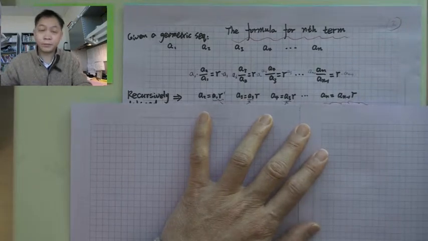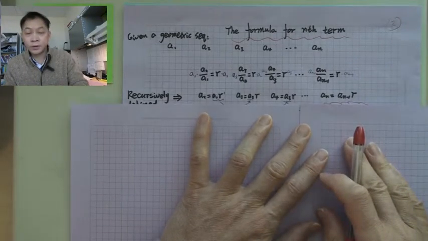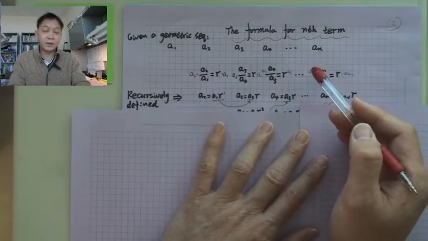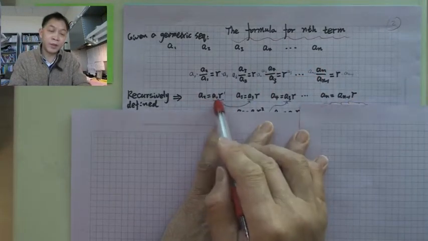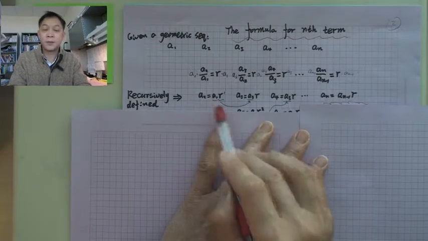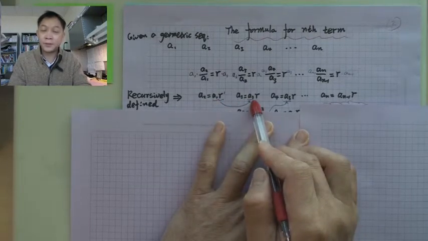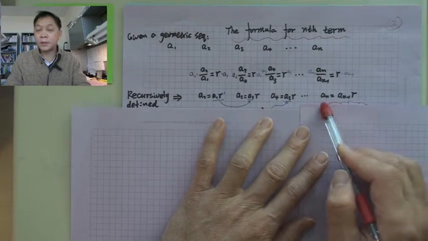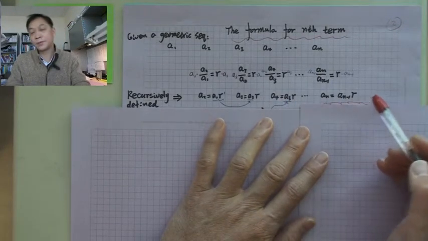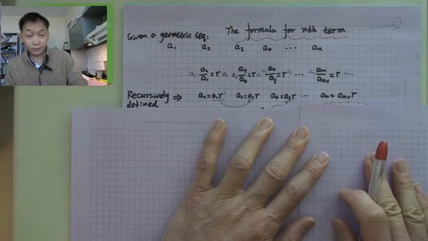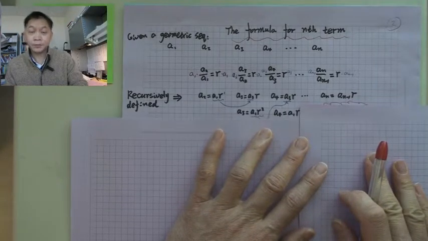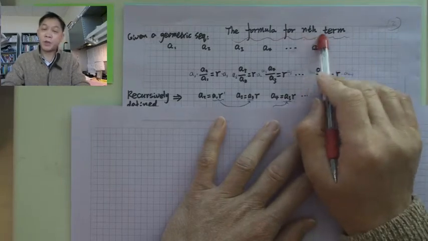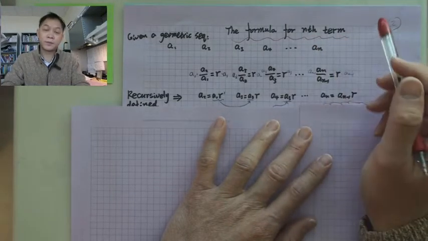So this is recursively defined: A2 depends on A1, A3 depends on A2, A4 depends on A3, and An depends on An minus 1.